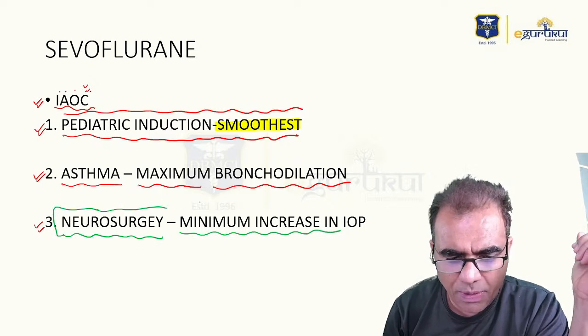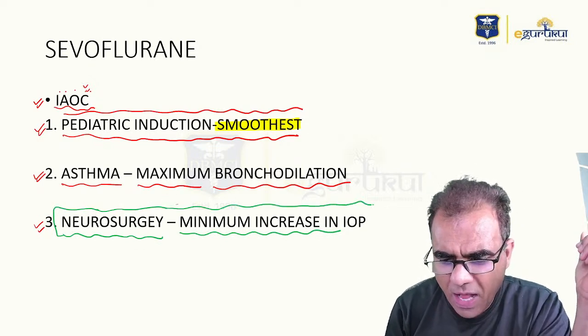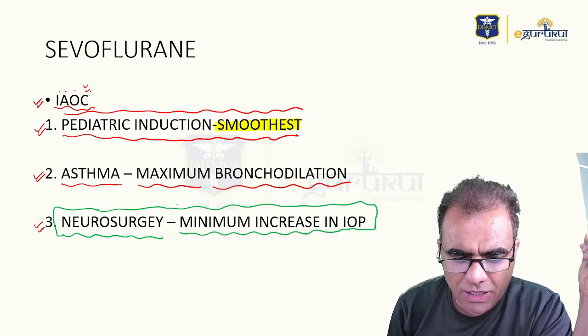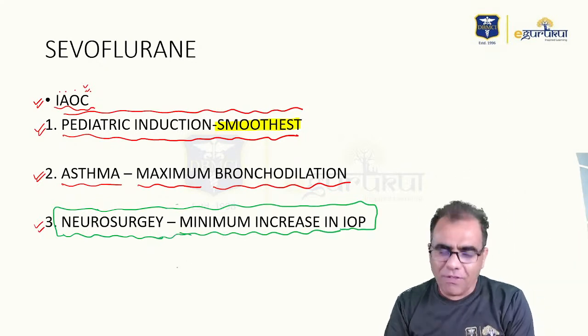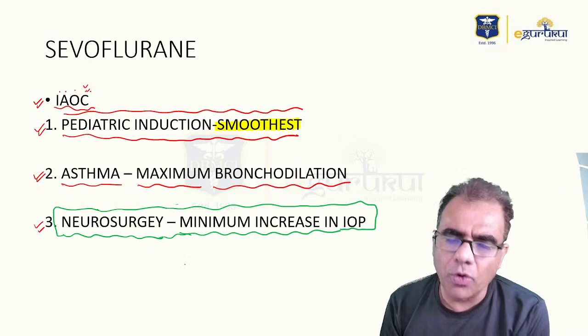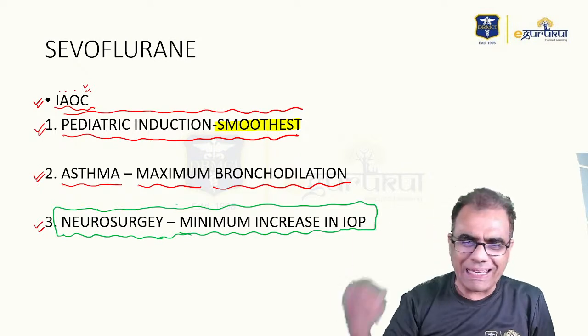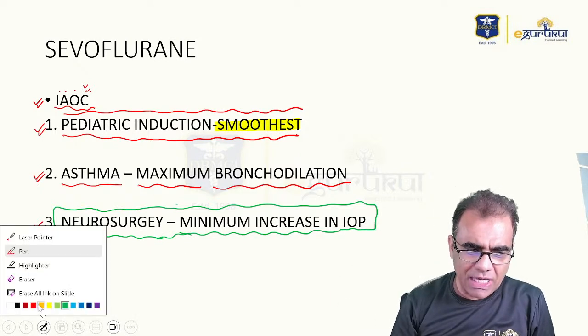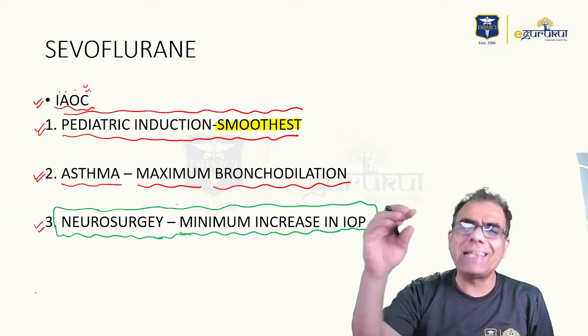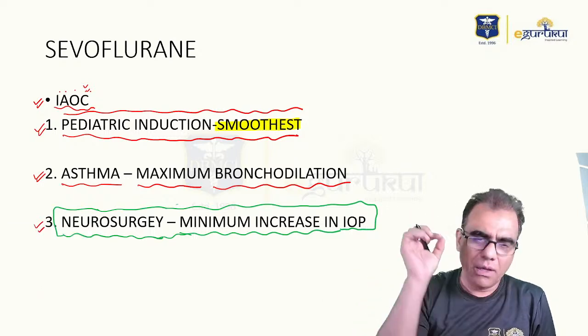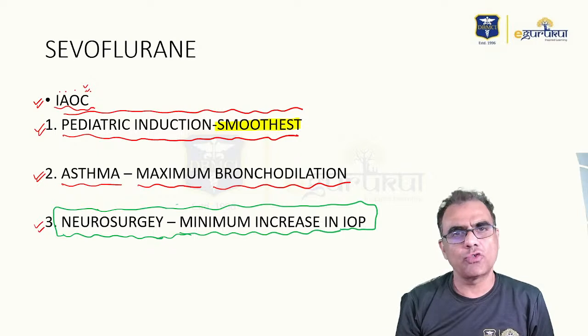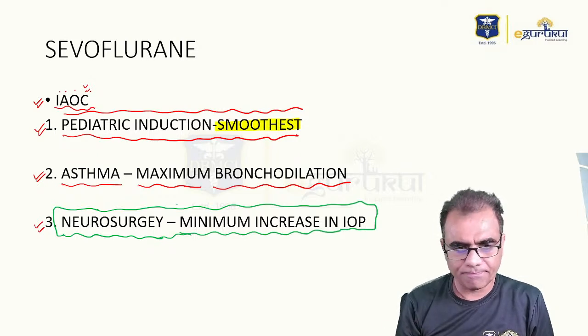In books you may find that the inhalation agent of choice given is isoflurane. Previously that was true, but now they found that the increase in pressure seen with sevoflurane is lesser than isoflurane, making it the inhalation agent of choice for neurosurgical patients.